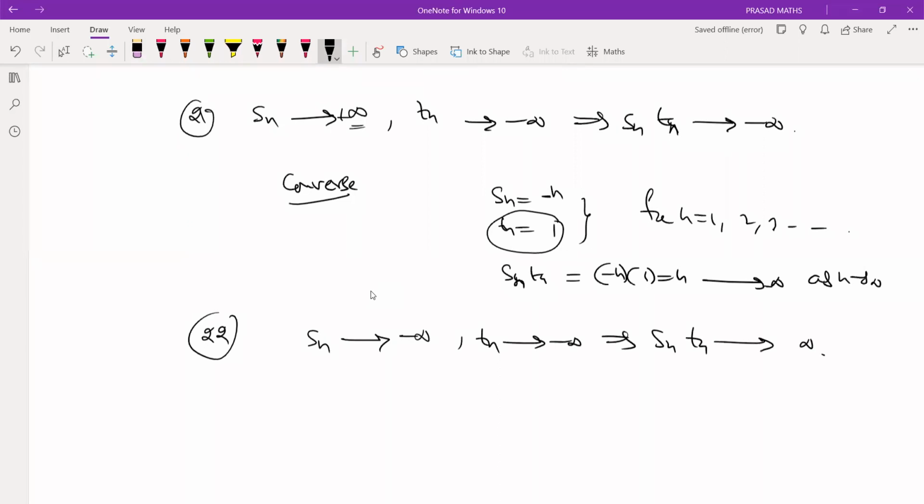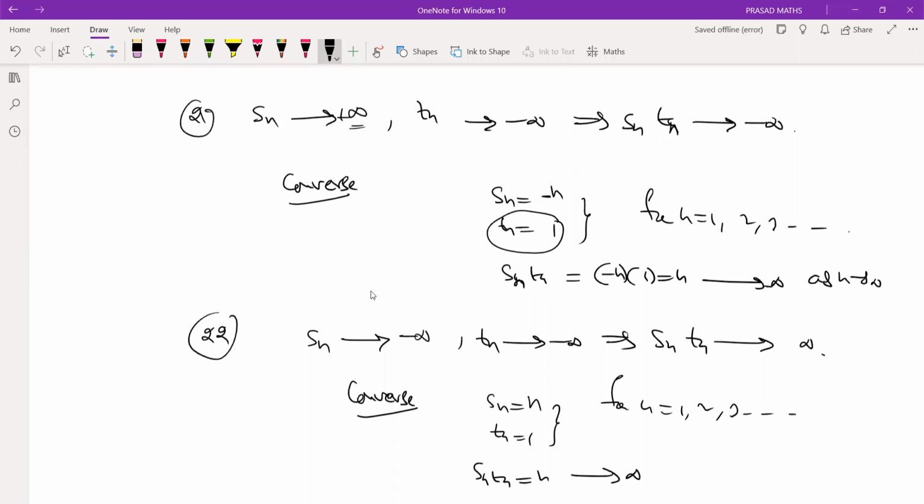It's also straightforward. Right? Whatever the converse, you can take Sn equals n, Tn equals 1, for n equals 1, 2, 3, 4 and so on. Therefore, Sn into Tn equals n diverges to plus infinity, but Tn fails to diverge to plus or minus infinity. Therefore, the converse may not be true.